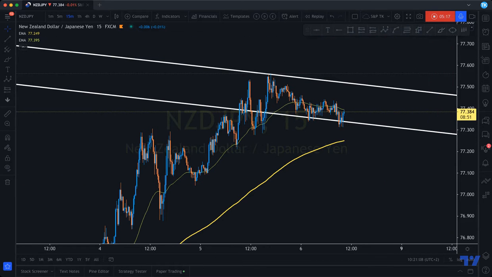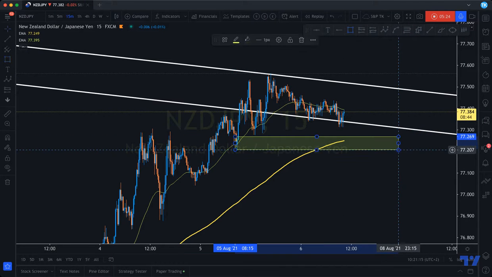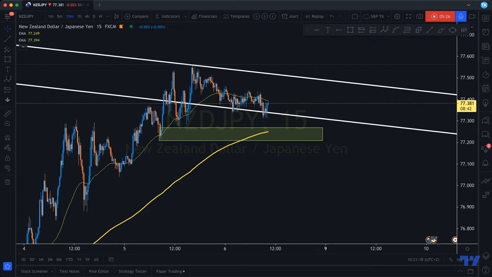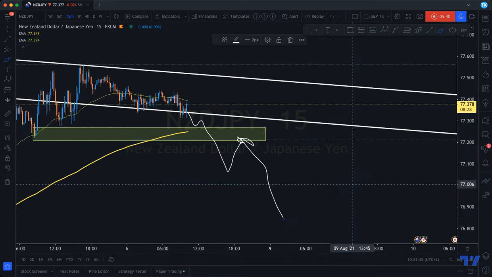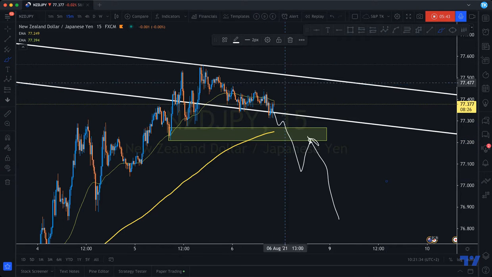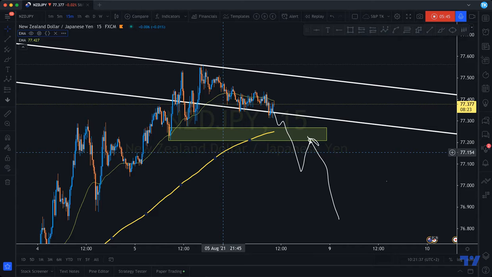Okay, where is my personal bearish confirmation? Is here. Okay, I need the price to make this kind of movement, just because this is the 200 EMA and I want the price below the 200 EMA.